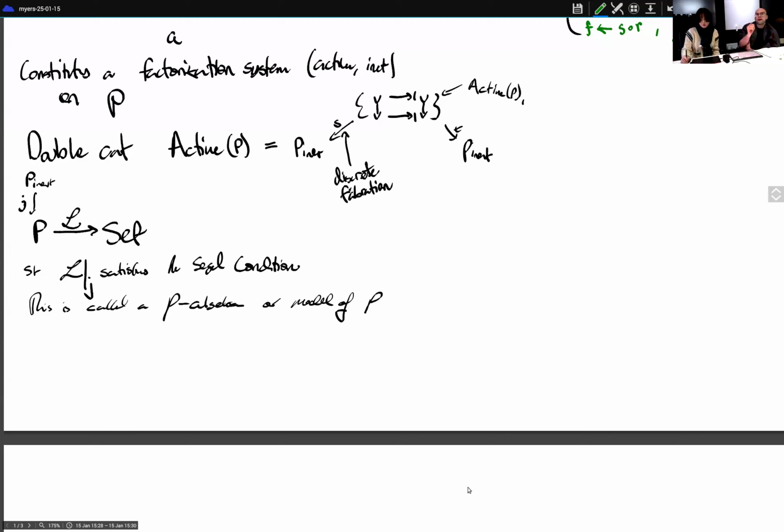Of course, you could just take the Siegel condition on P itself. You could see this as a sketch structure on P itself. In fact, it's rather nice to see this as giving us an F sketch structure on a category.